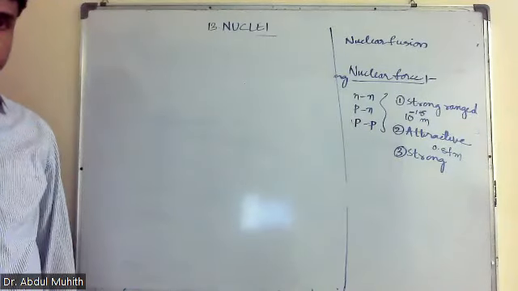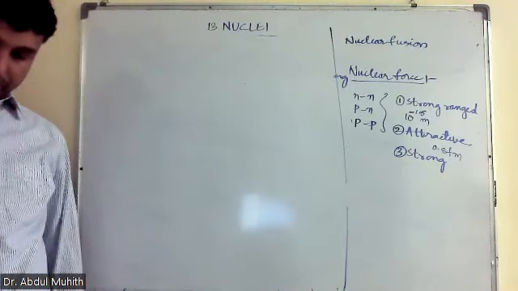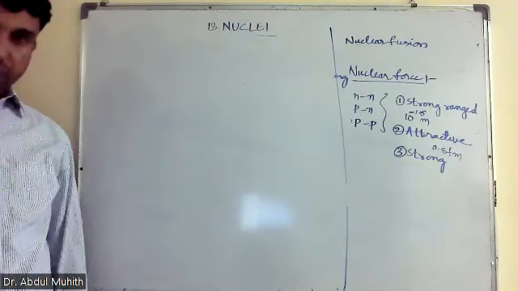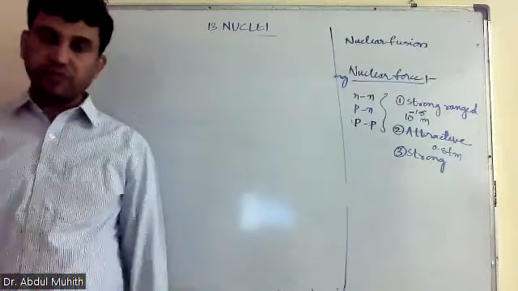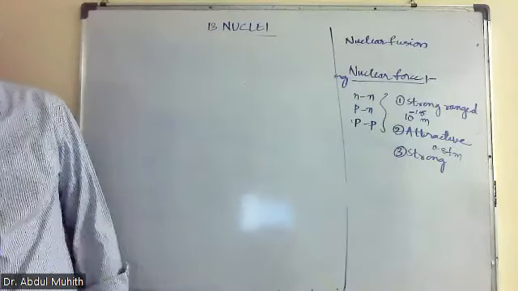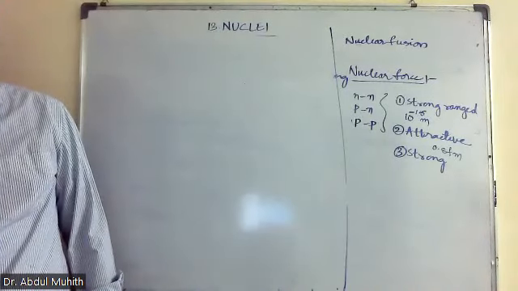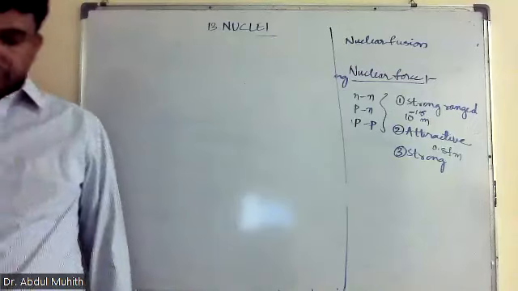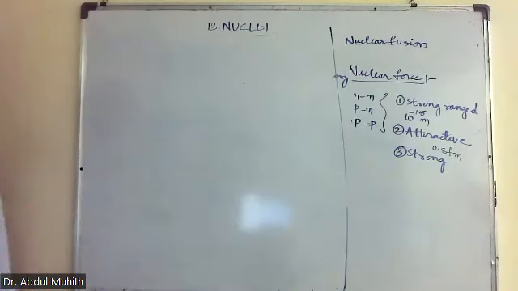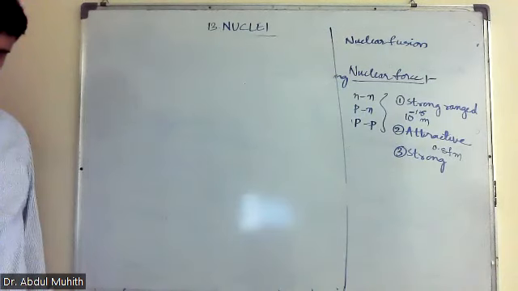Alpha decay, beta decay, and gamma decay? No, sir. Only nuclear fission, fusion. After that, they didn't give anything. Before that, what is given? Composition and size of nucleus. Nuclear force, mass energy relation, mass defect, binding energy per nucleon, and its variation with mass number. Then we finish nuclear fission, nuclear fusion.